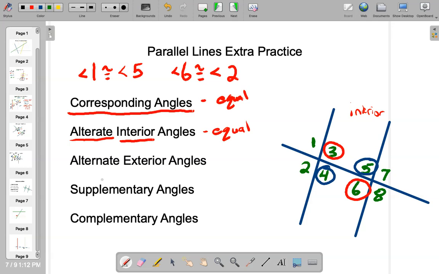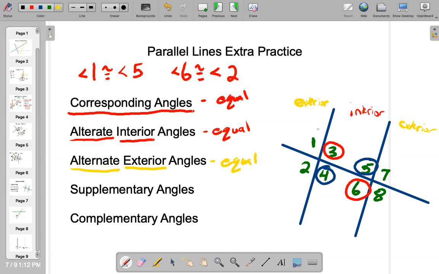And as you see, as we work through these problems, it turns out a lot of the time, there are many, many different ways to solve it. So alternate exterior, alternate once again meaning opposite, and exterior meaning outside. So this would be the exterior, as would this side as well. So the alternate exterior angles are also equal to each other.